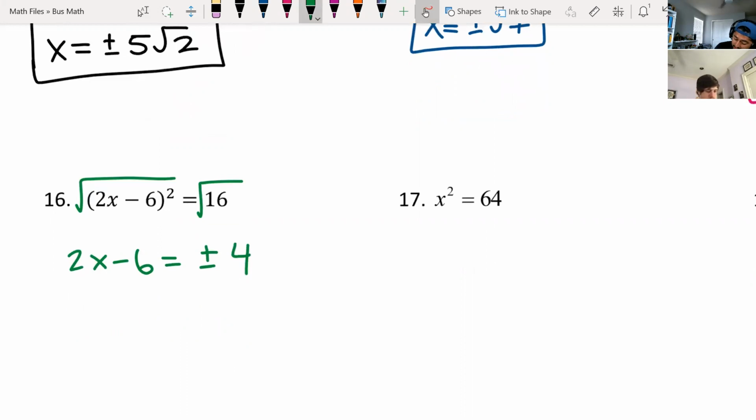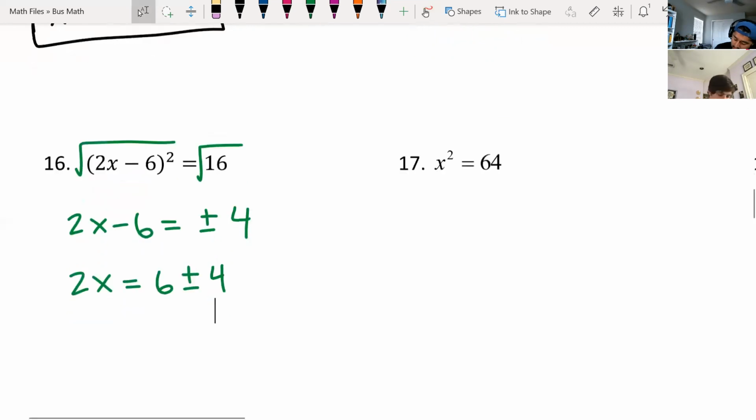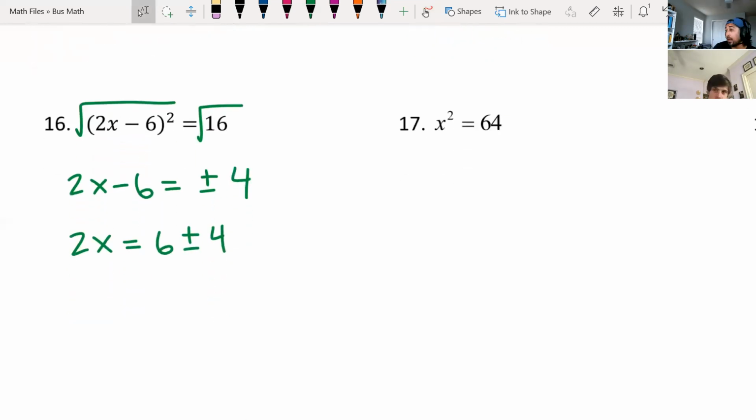Okay, so now we're still solving for x. So we have to add this 6 over to the right side. So you'll get 2x equal to 6 plus or minus 4. All right. And then we're going to have two answers here, of course.